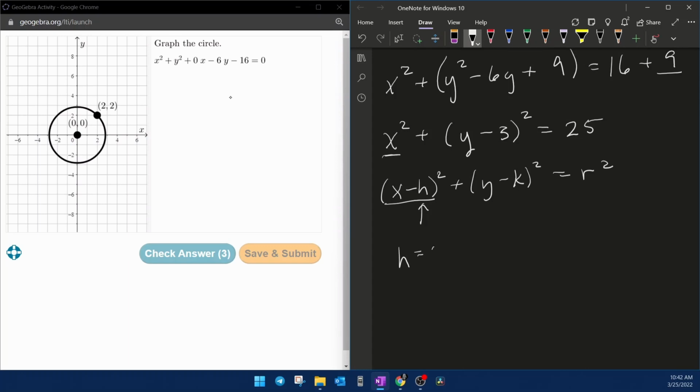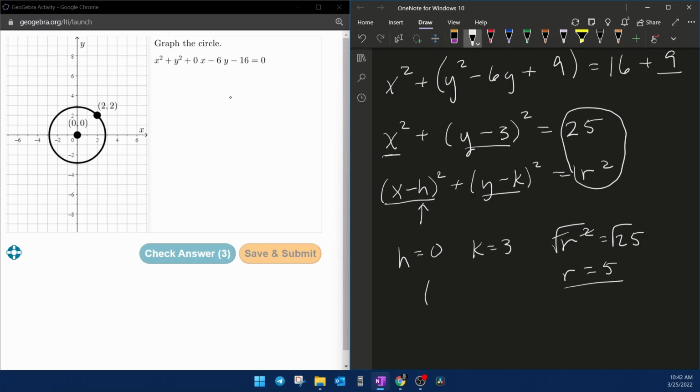Well, that would indicate h would need to be 0. And in order for y minus k to be y minus 3, again, that would indicate k needs to be 3. And what number squared makes 25? Well, if r squared is 25, then r must be 5.